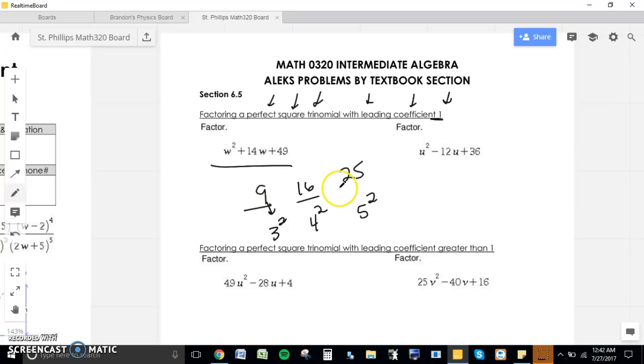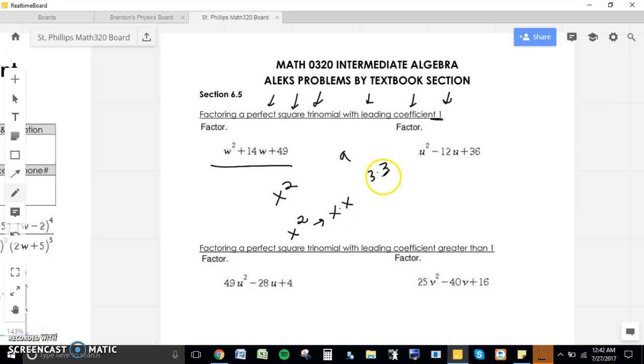These are perfect squares. But if you think about it, right, that's just numbers. What about variables? Well, x squared is x squared, right? That's also a perfect square because this is just x times x, in the same way that 9 is 3 times 3, right? That's a perfect square.